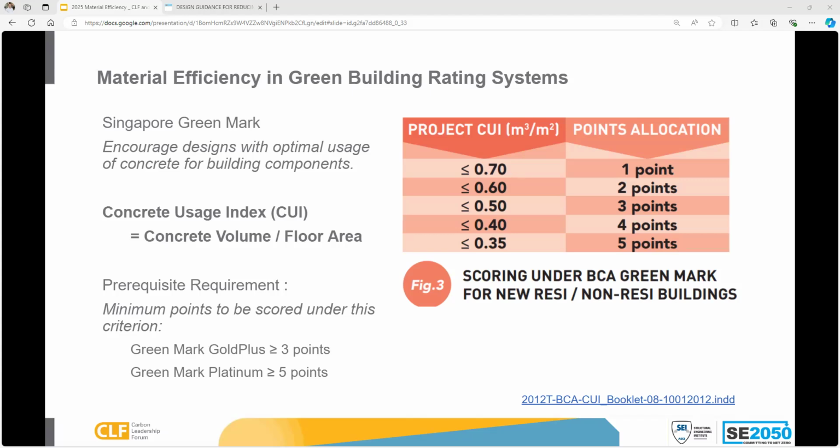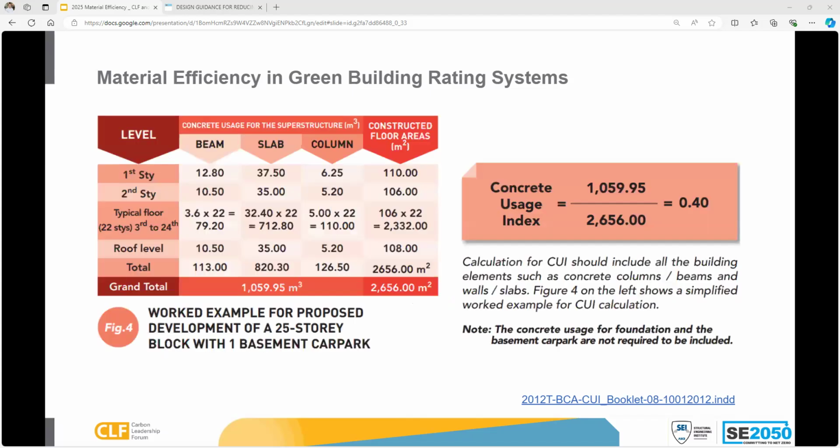So maybe starting off with them in the more voluntary realm in green building rating systems would be the first step. Singapore Green Mark has a rating system that actually addresses the concrete use in a building, through this thing called the Concrete Usage Index, where you can get points for this calculation. So these are just some examples. This is an example of how that's calculated.